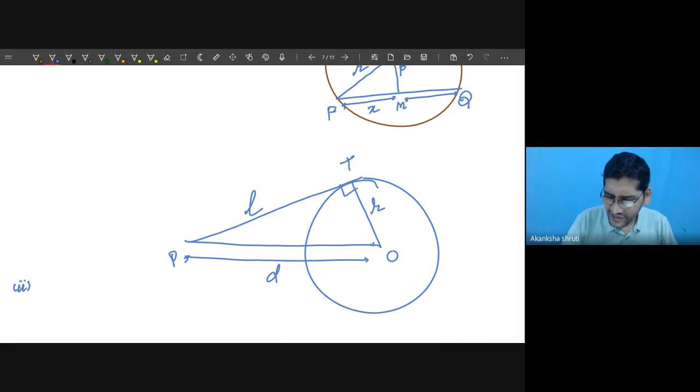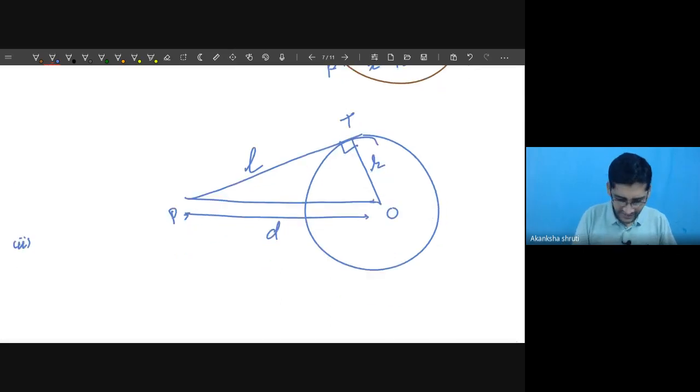It is our 90 degree. So the distance between the center D square is equal to the perpendicular L square plus R square.